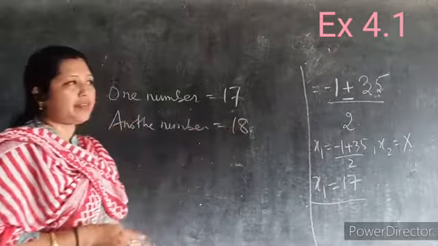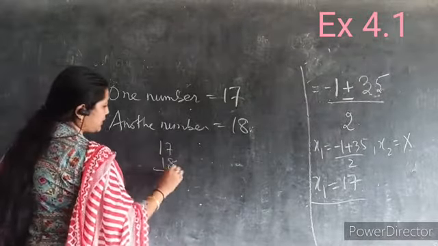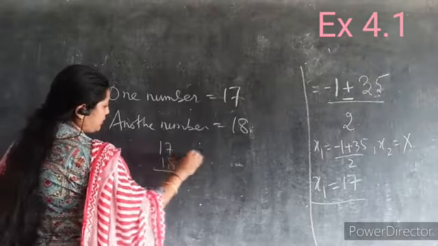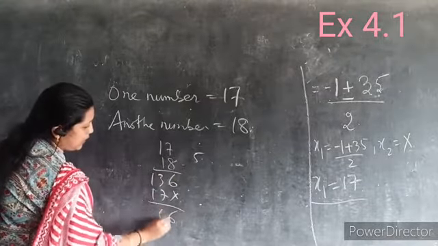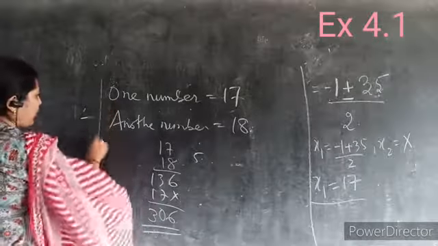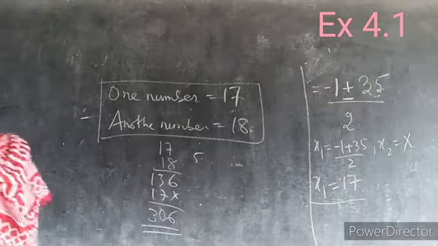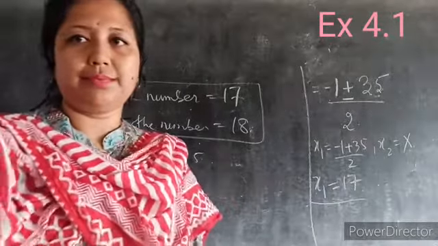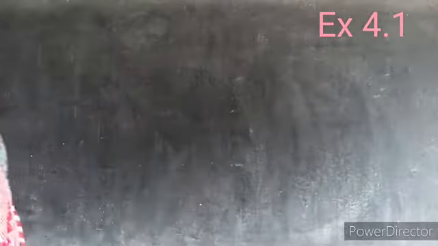If you multiply 17 with 18, your answer should be coming as what? 306. So if you see, yes, the answer is coming to be 306. That is the absolute answer. One positive number 17 and another number is coming to be 18. Okay students, so let us see the next question.